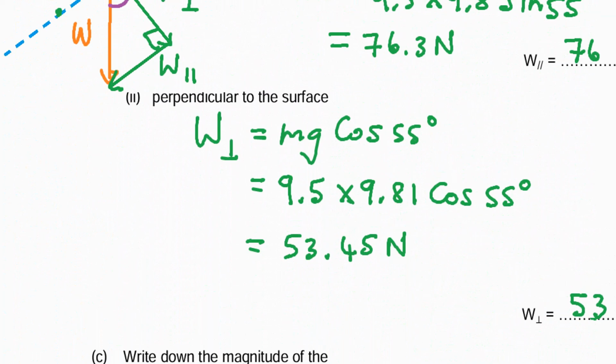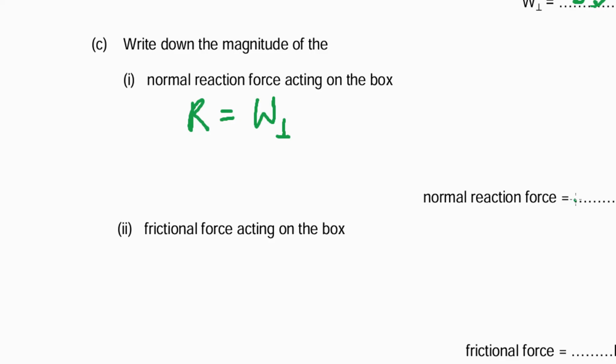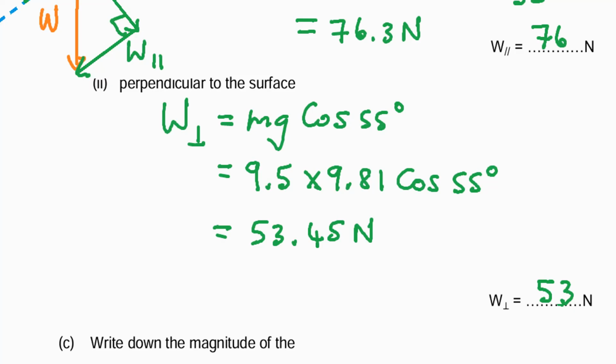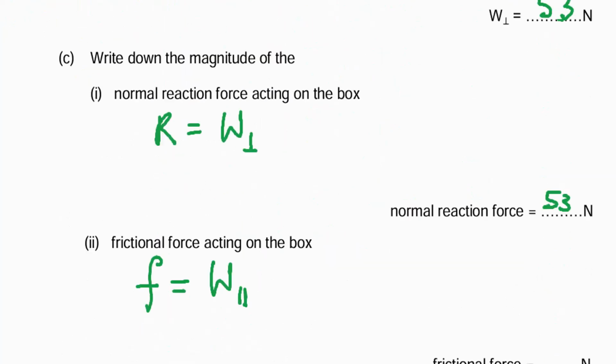It was 53 newtons. Then the frictional force acting on the box, so small f, we know must be equal to W parallel. And of course we do have W parallel. It was 76 newtons.